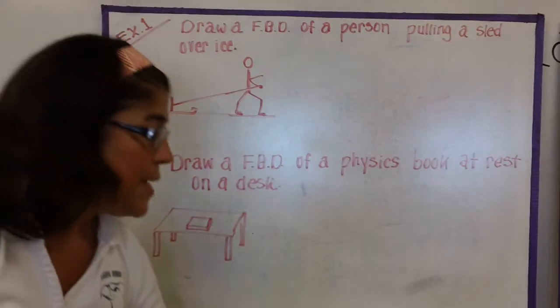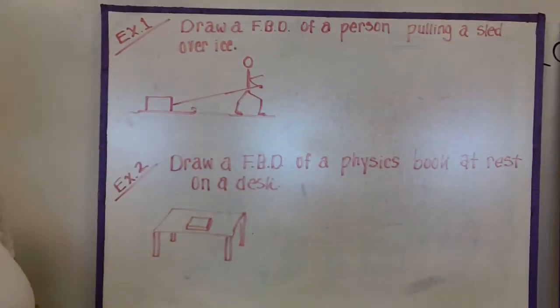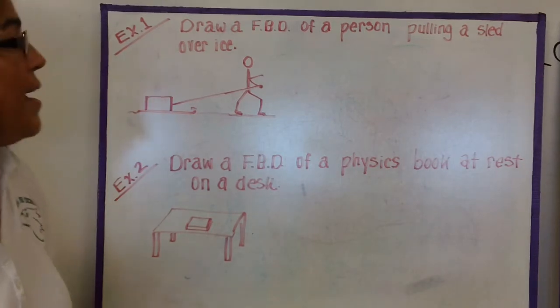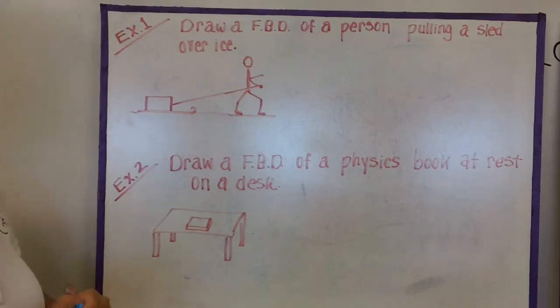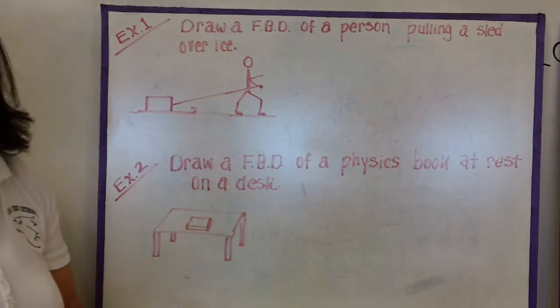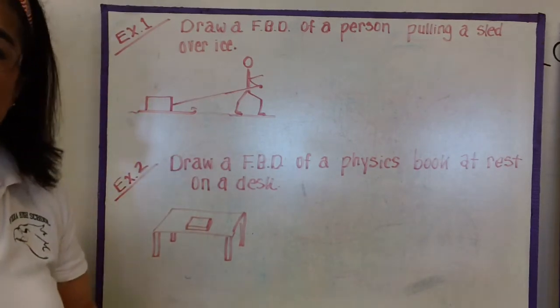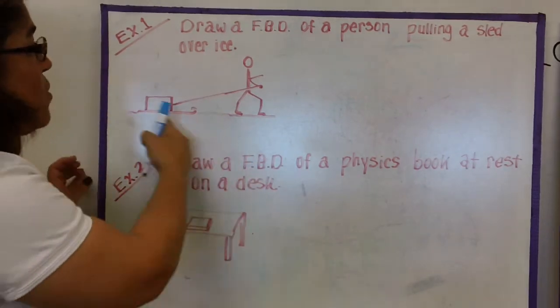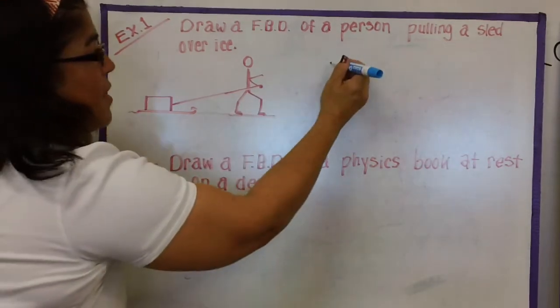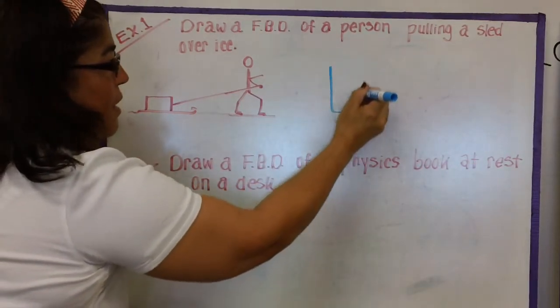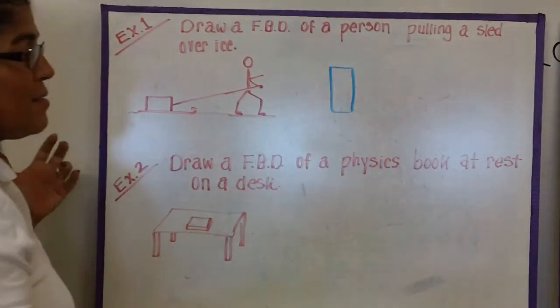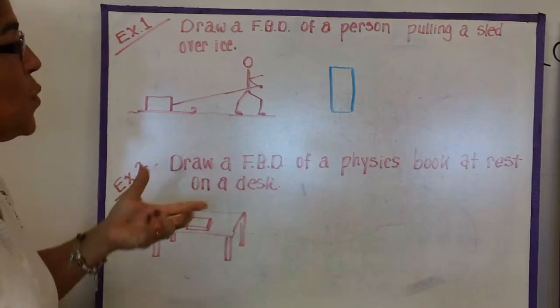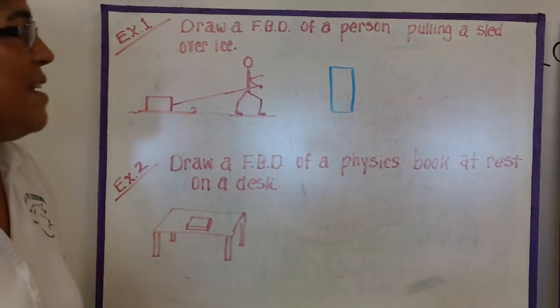Okay, so here's an example. Example 1: draw a free body diagram of a person pulling a sled over ice. The reason why we're going to talk about over ice is because we don't have what's called friction, and we're going to get into friction later on. If I were to draw this person, I'm going to represent the person as a box. Doesn't really look like the person, but what are the forces that are going to be acting on this person?